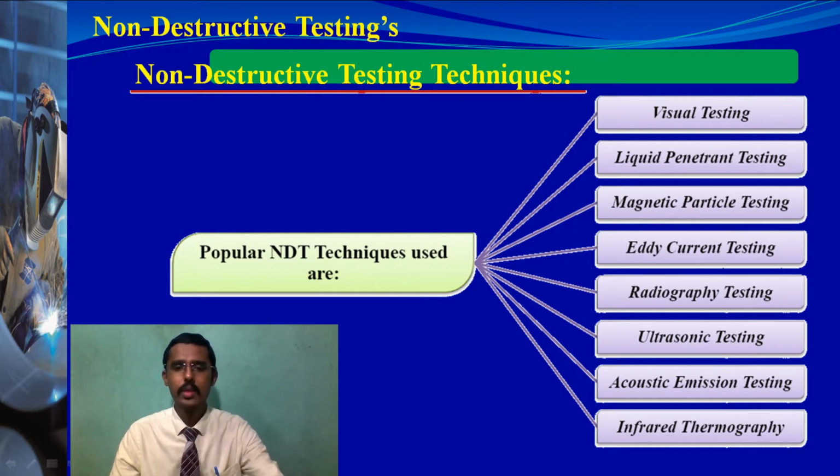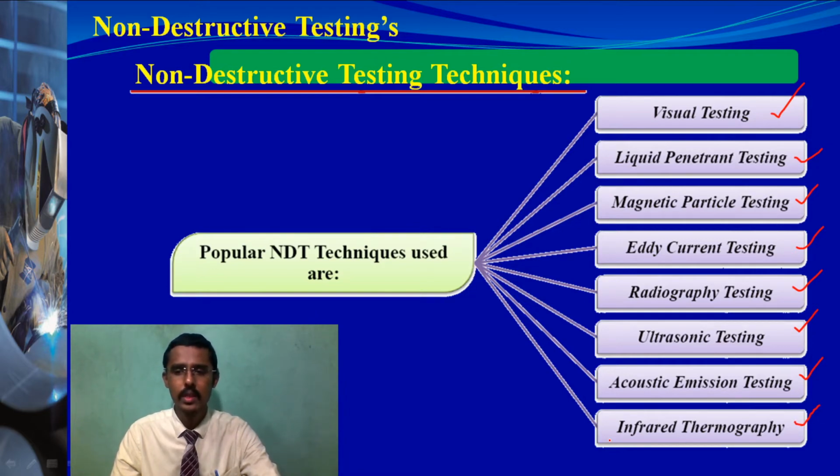In these 8 topics, we have already covered a few methodologies: visual testing, liquid penetrant testing, magnetic particle, eddy current, radiographic testing, ultrasonic, acoustic, and at last, in the coming unit, infrared thermography.